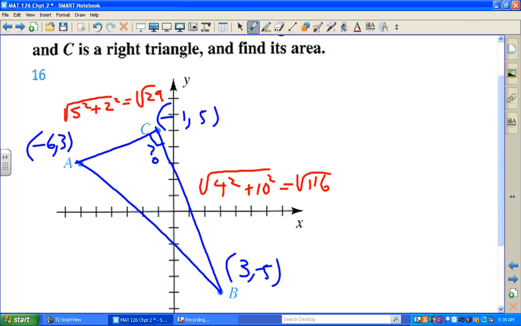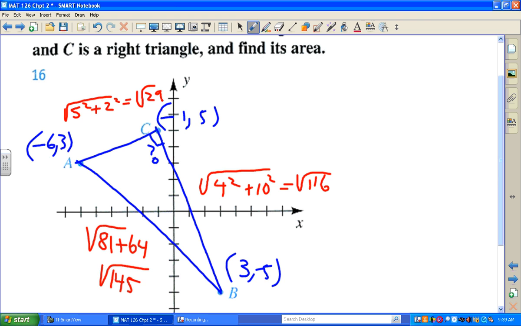And this one, negative 6 to 3 is 9, so that's 81. 9 squared, right? And from 3 to negative 5 is 8 squared, is 64. So that's the square root of 145.